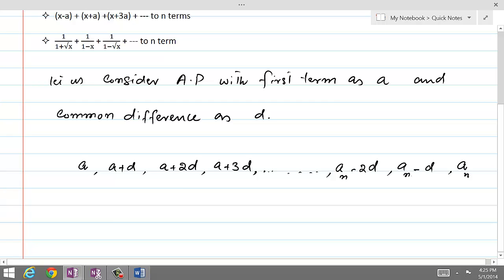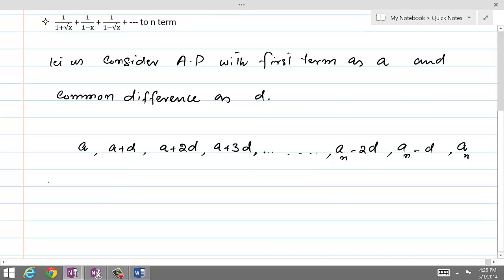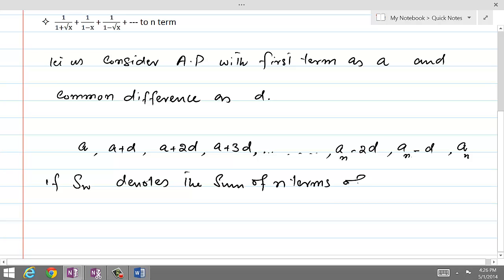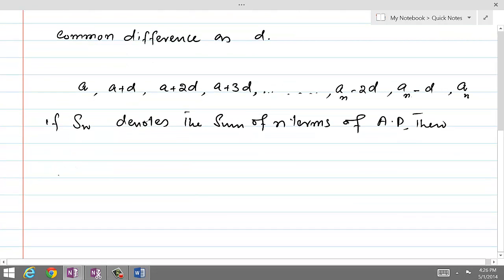If Sn denotes the sum of n terms of an arithmetic sequence, meaning AP, then we can write Sn equal to the sum of these terms.